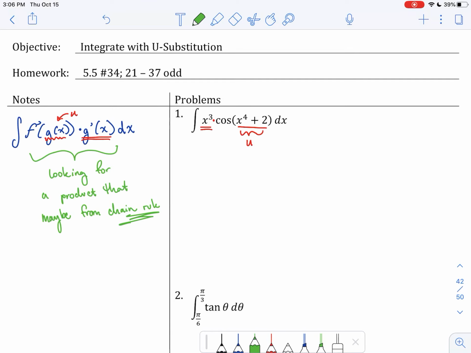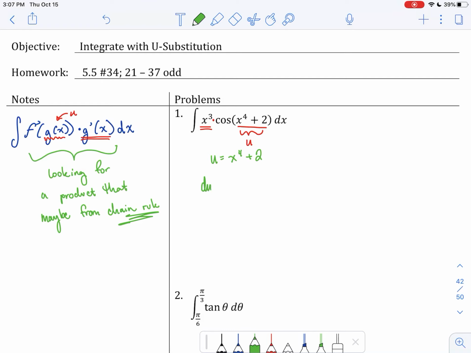So I will always start off by writing my function as u is equal to, in this case, x to the 4th plus 2. And then I'll take my derivative. So then du dx, and I am specifically writing in Leibniz notation as fractions, is equal to 4x to the 3rd.